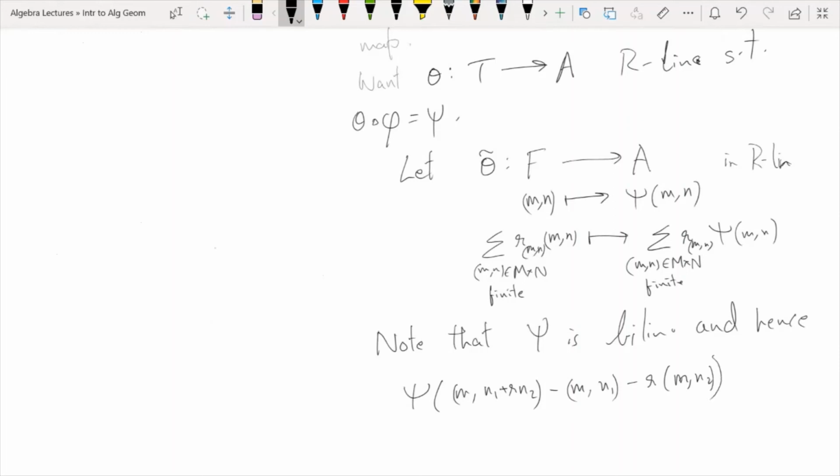So C is R-bilinear. So remember, sorry, not C, but theta is what I mean.